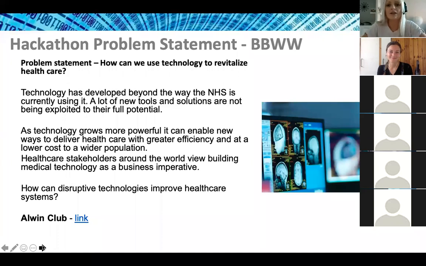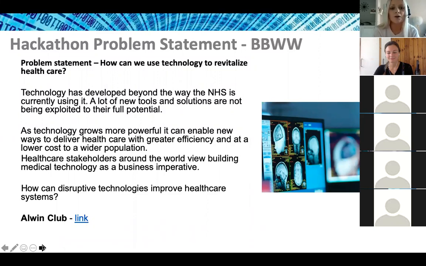So hopefully you can all see this. Okay, so our problem statement, the question that we're asking here, is: how can we use technology to revitalise healthcare? Technology has developed beyond the way the NHS is currently using it. A lot of new tools and solutions are not being exploited to their full potential.